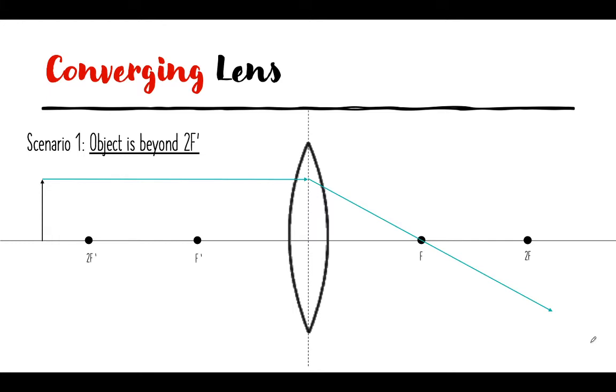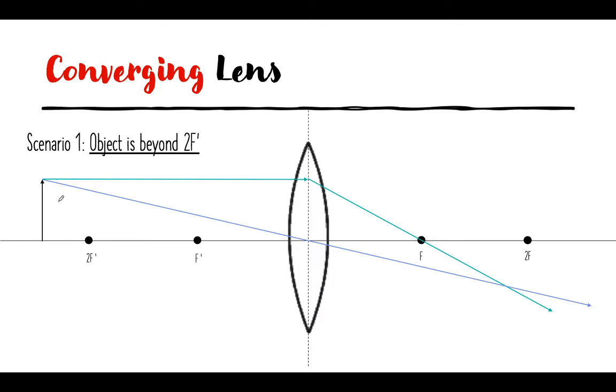My second set of lines starts at the top of my object. It's going to go through what we talked about as being the optical center early on, and then it's going to continue on. So there is that line. Now, exactly like in our previous diagrams, wherever these two lines meet, that is where my image is going to be formed.